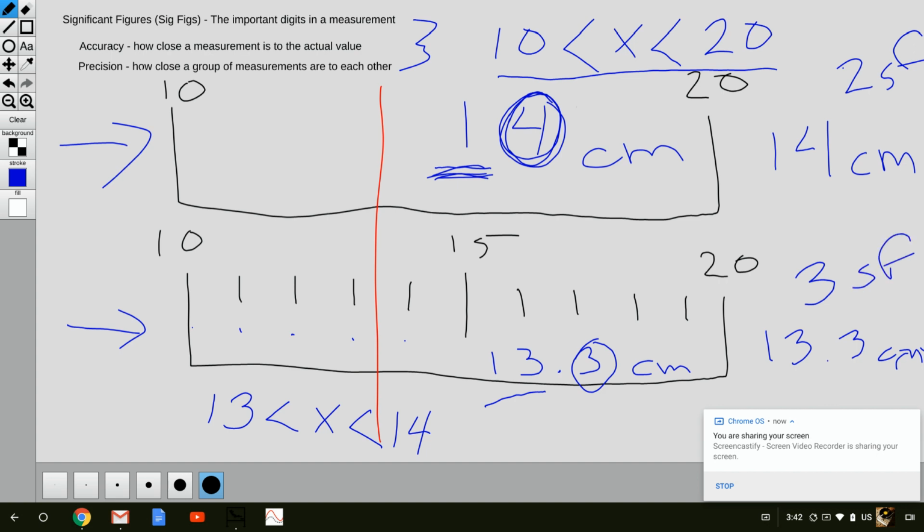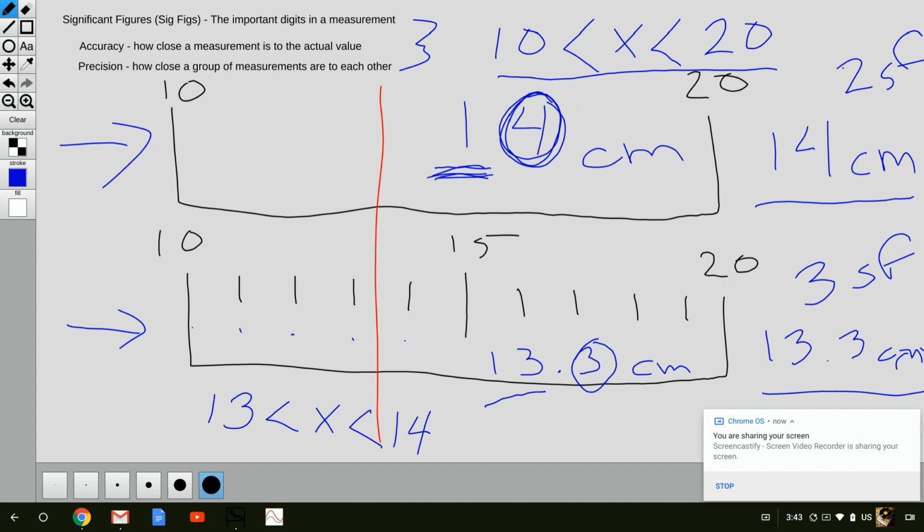The top device gave us 14 centimeters and the bottom device gave us 13.3. The top device would be considered less precise than the bottom device. Here's why. Precision is how close a group of measurements are to each other. Another way of saying that is how repeatable it is.